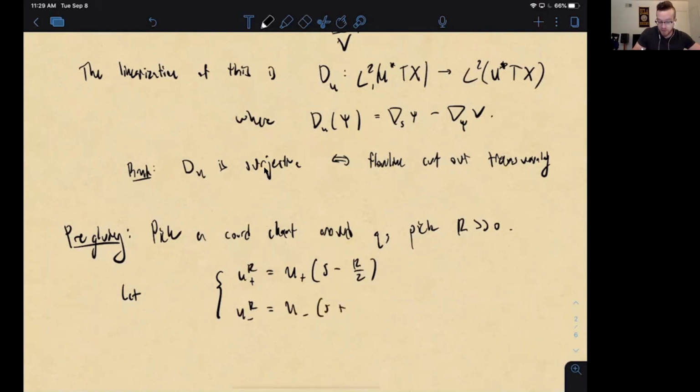What's the point here? The point of doing this shifting is that when S is close to 0, we want to be really close to the critical point Q. That's what this shifting is accomplishing.